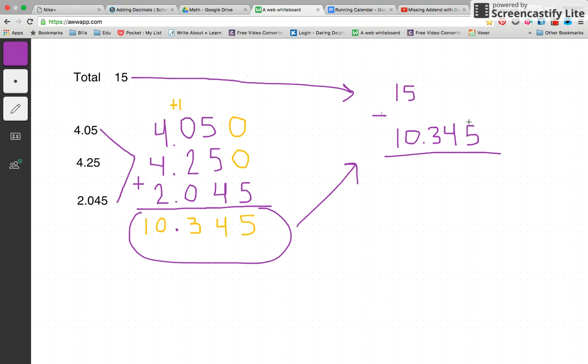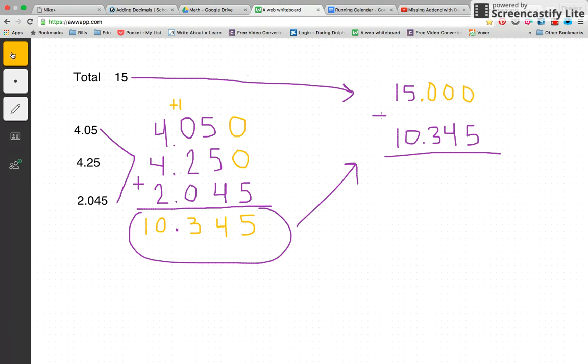If you notice though, 15 does not have a decimal point, so I'm going to put a decimal point right there, tack on a 0 in the tenths place, which does not change the value of 15. I'm also going to tack on zeros in the hundredths place and the thousandths place.